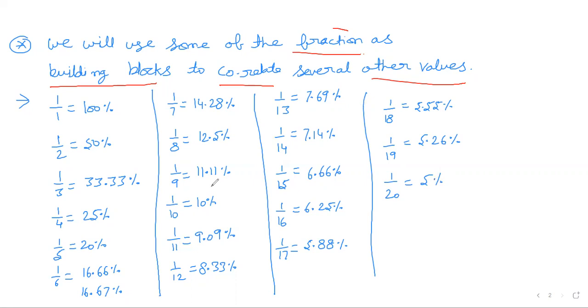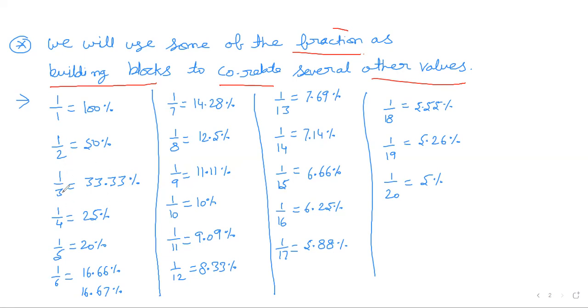So we have to remember all these fractions, right? And we don't have to remember all these values. We can easily get 1 by 9 with the help of 1 by 3.